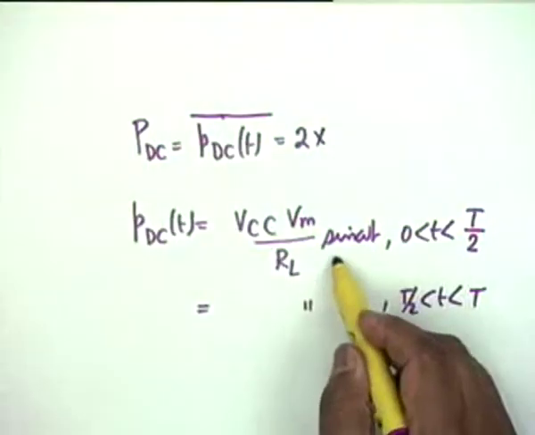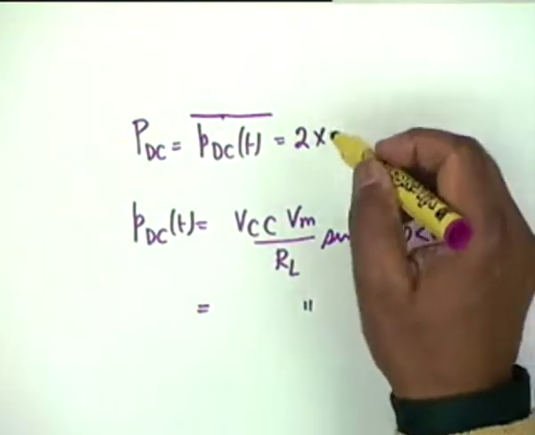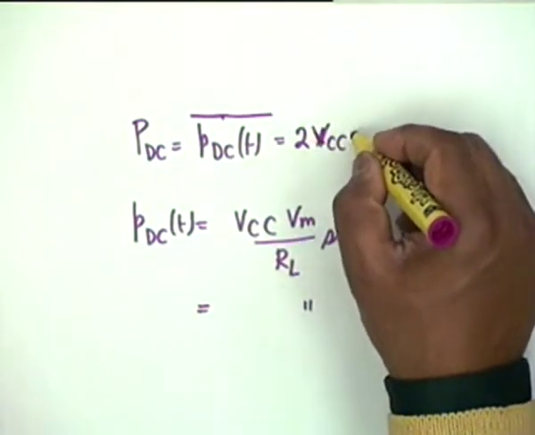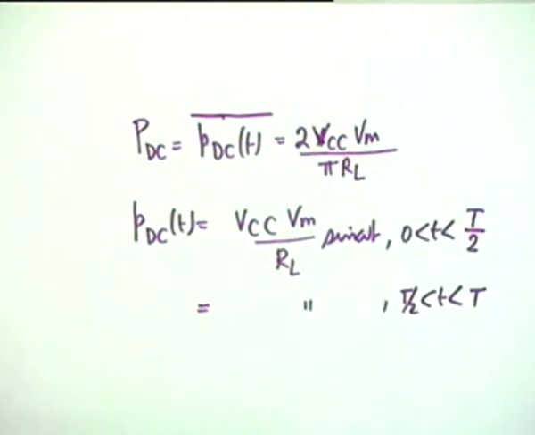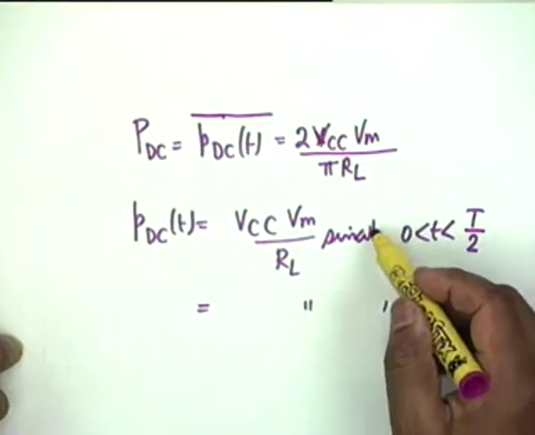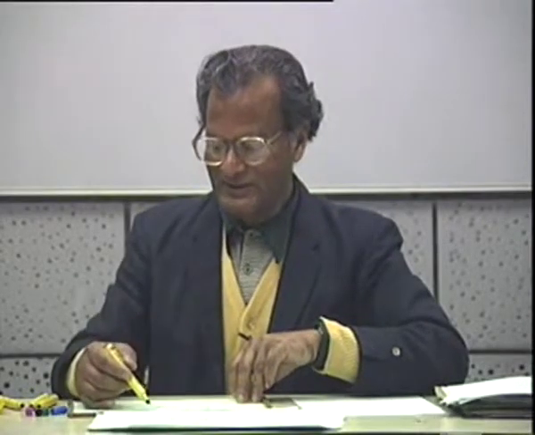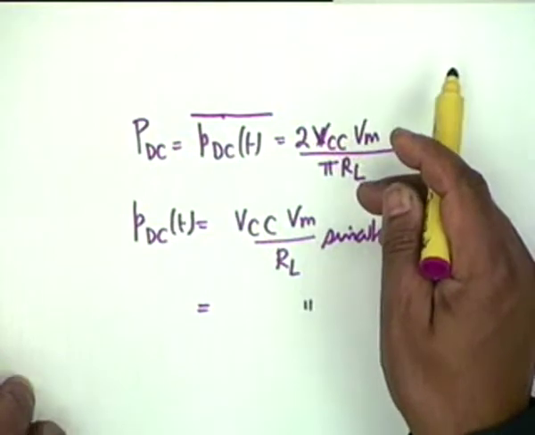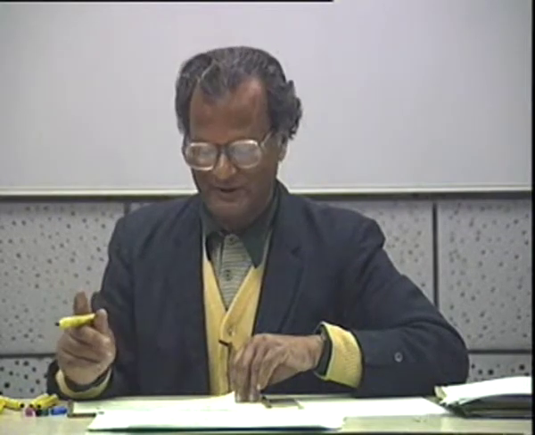What is the average of sine omega t over half the period? So it would be 2 VCC Vm divided by pi RL. Is that clear? The average value of sine omega t over half the period is 1 by pi. And I multiplied by 2. Why? Because there are two half periods. To make one complete period, there are 2 half periods.